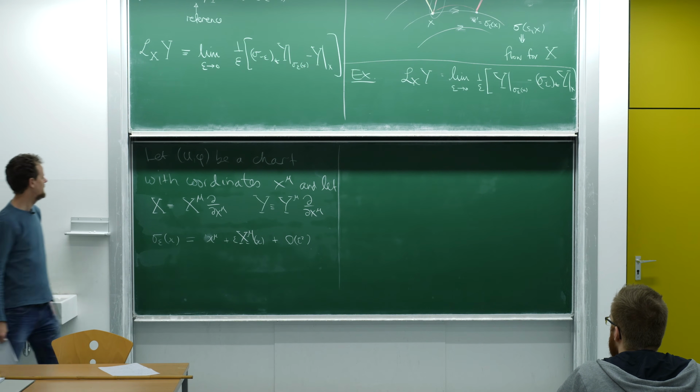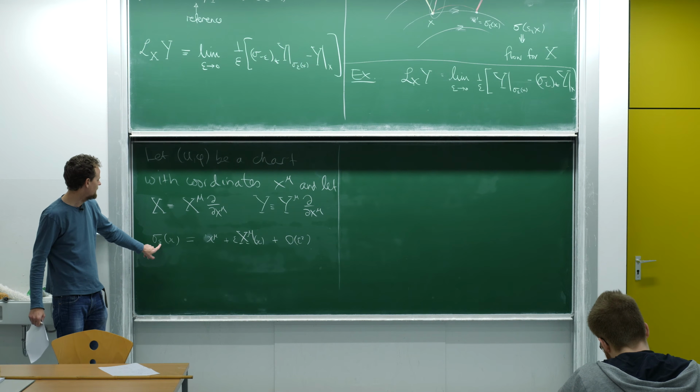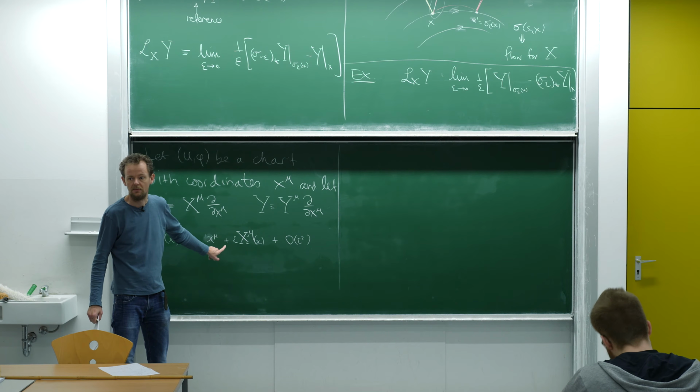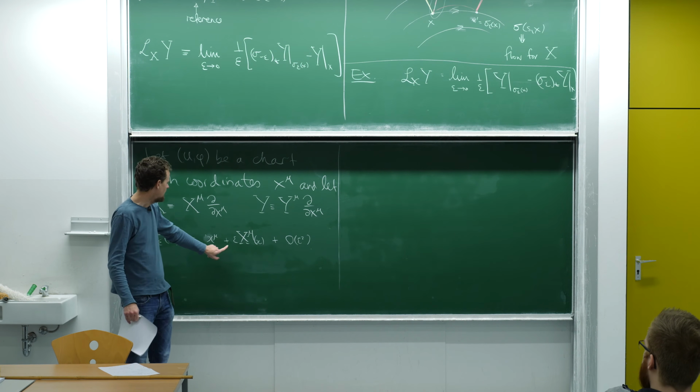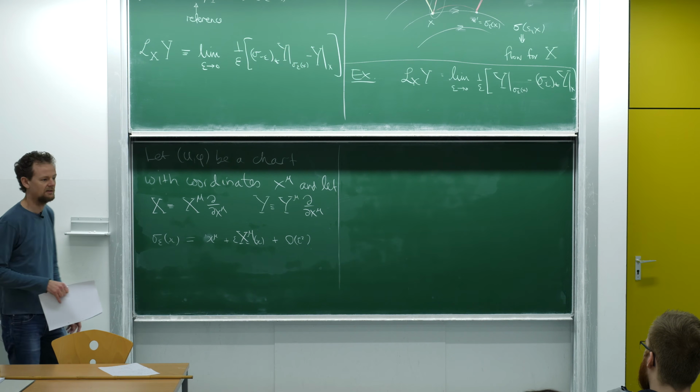So to first order, when you flow the point x under the vector field X for a bit, you end up at x, obviously, right? You started at x, and you're going to move away from it. And to first order, you end up with just adding the components of the vector field to x like that.